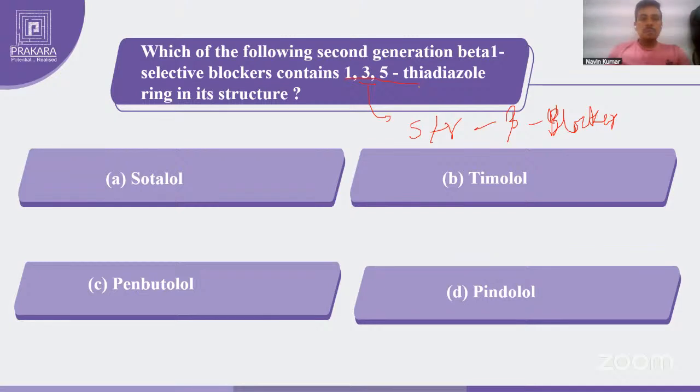We are going to see the structures of sotalol, timolol, penbutolol, and pindolol. None of them contains a 1,3,5 thiazole ring.